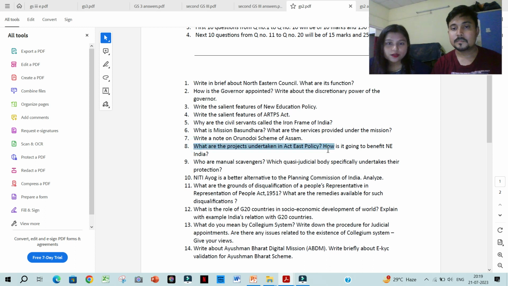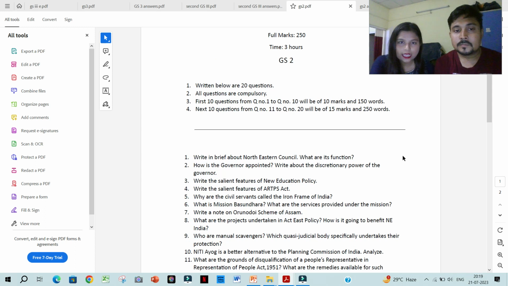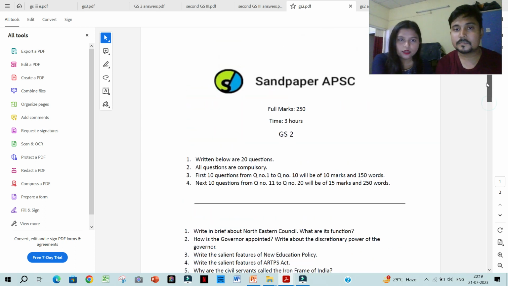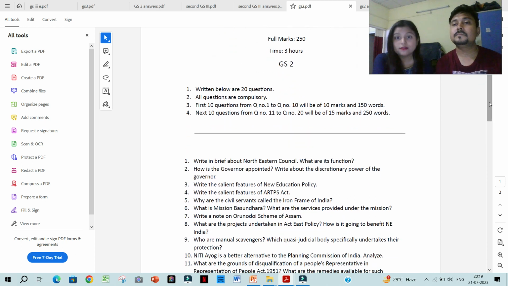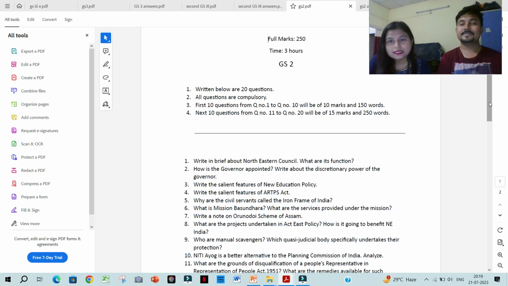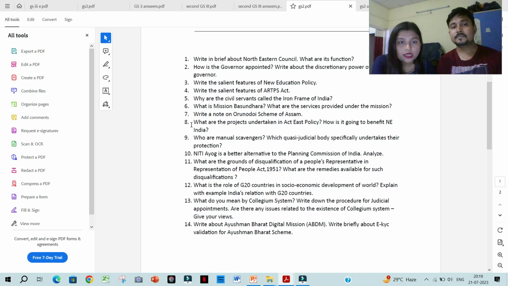So question number 8, this is our GS2 paper, which we gave to the students who had enrolled with us in sandpaper APSC test series mains answer writing. In that GS2 paper we asked: what are the projects undertaken in Act East policy, how is it going to benefit Northeast India.